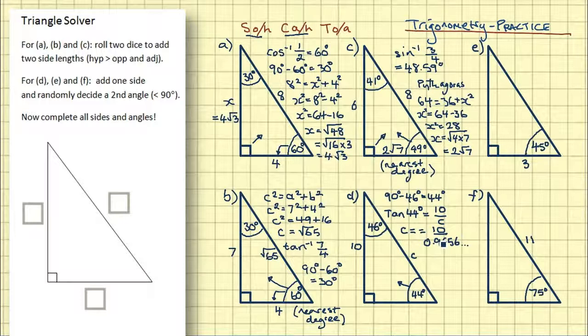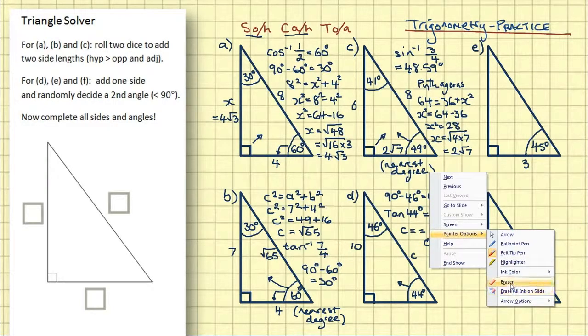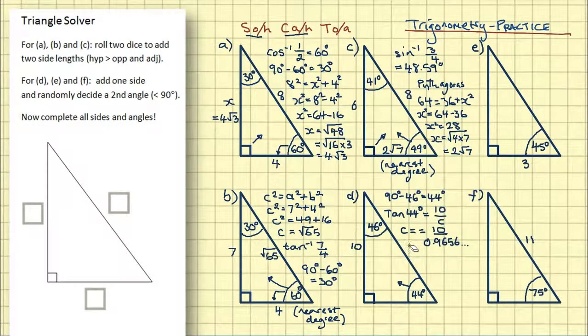I end up with C being 10.3562. So I'm going to round to 2 decimal places, so 10.36. Okay, so let's erase this and write this length now as 10.36 to 2 dp.